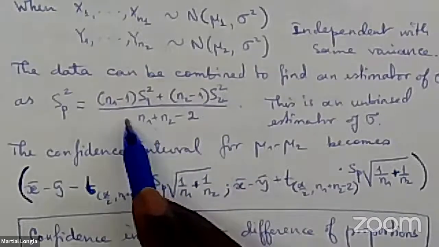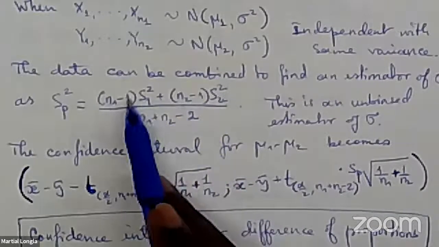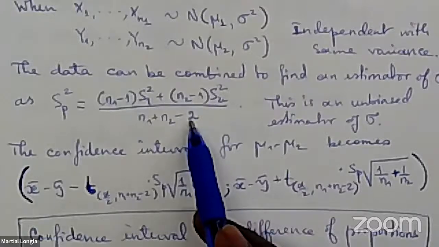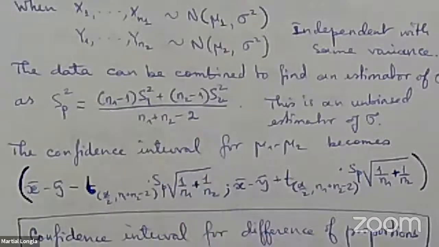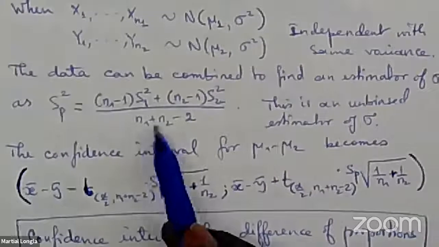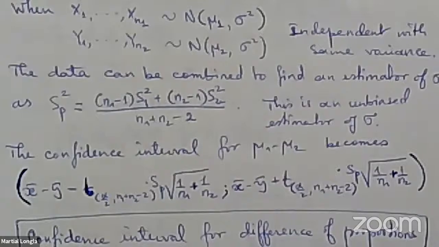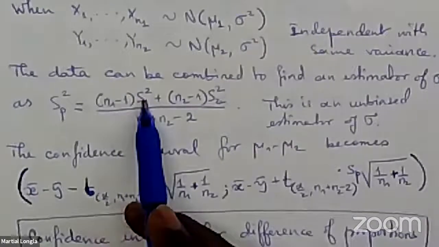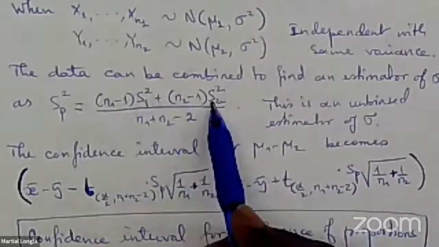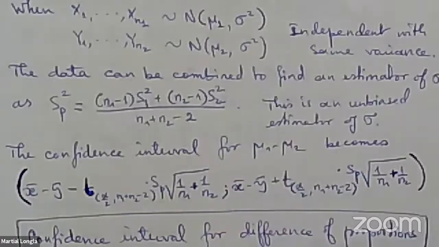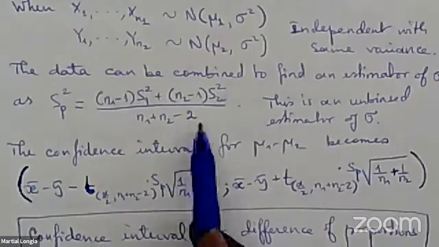Now you have to divide by the degrees of freedom. Because in total you have n1 plus n2 observations, but you lost 1 degree of freedom in S1 and 1 degree of freedom in S2 by estimating the mean of each of them, so it's minus 2. That's why the formula gives you this.